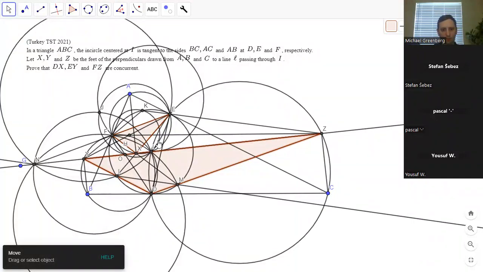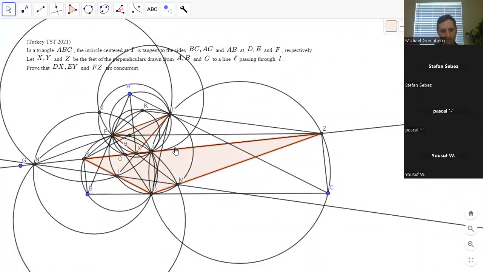Isn't it obvious that it is a reflection, also by angle chase? Yeah, I think it's obvious. So then that proves that these concur at some point N.